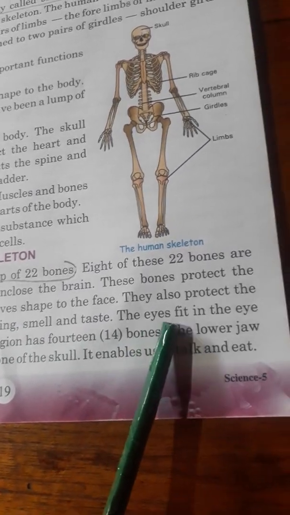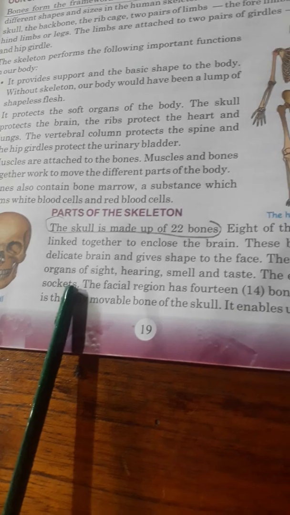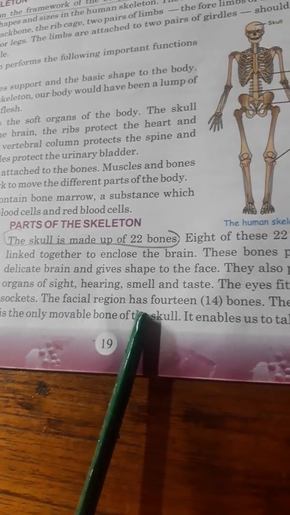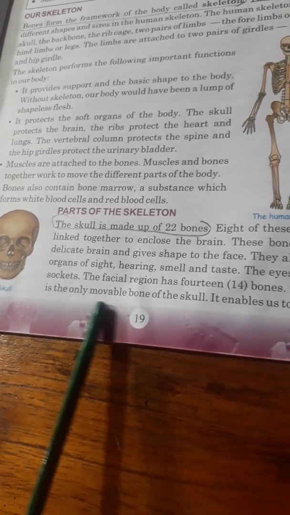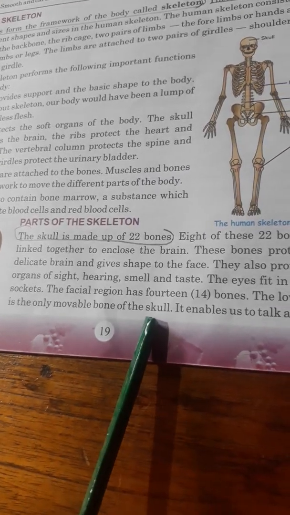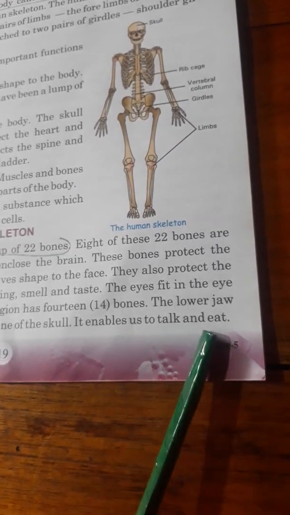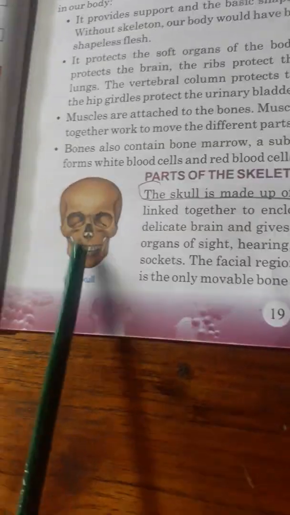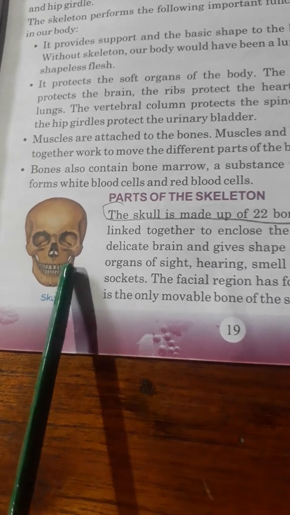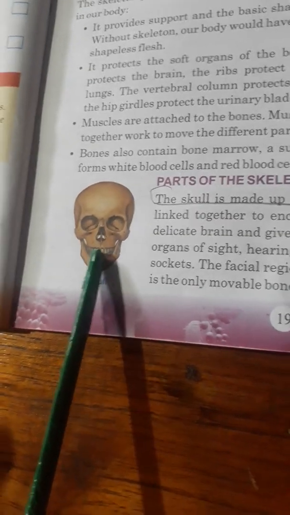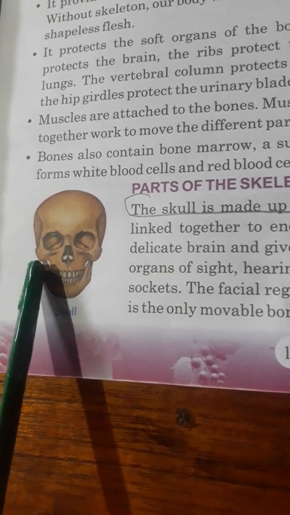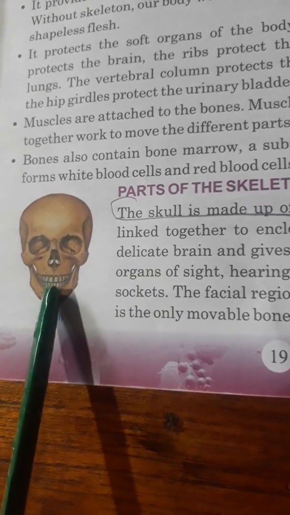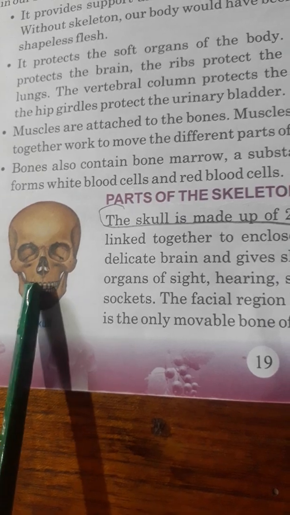The eyes fit in the eye socket. The facial region has 14 bones. The lower jaw is the only movable bone of the skull. It enables us to talk and eat. So among the skull, this jaw part is the only movable bone. Okay, this is the only part which helps our head move, to eat, to talk.